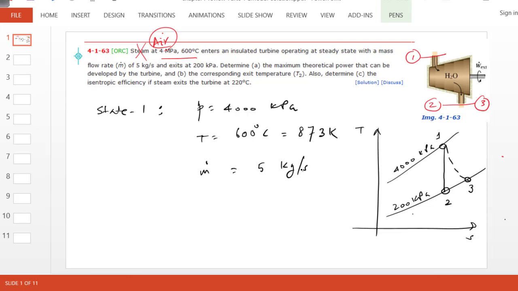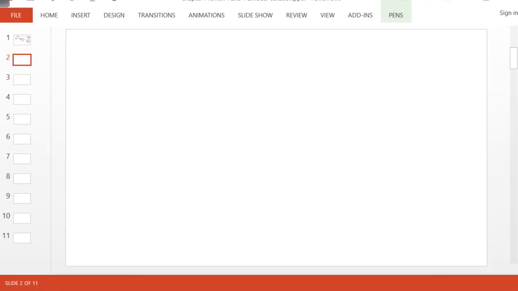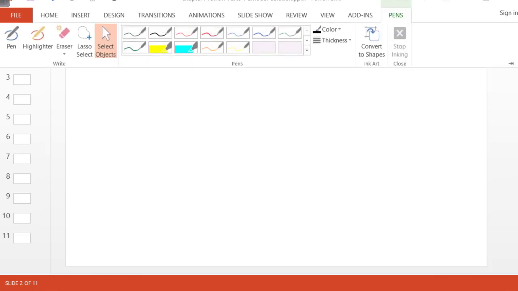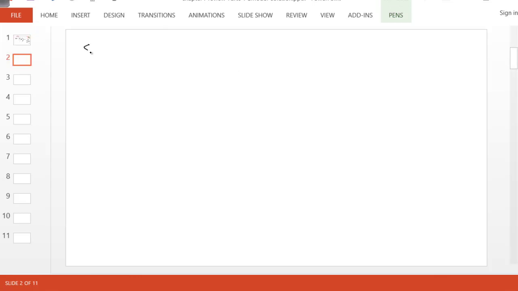Okay, to find state 2, we recognize that entropy remains constant. And what formula should we use for an isentropic case? So state 2, let's write down again. We know pressure. And we know the entropy at 2 is the entropy at 1.